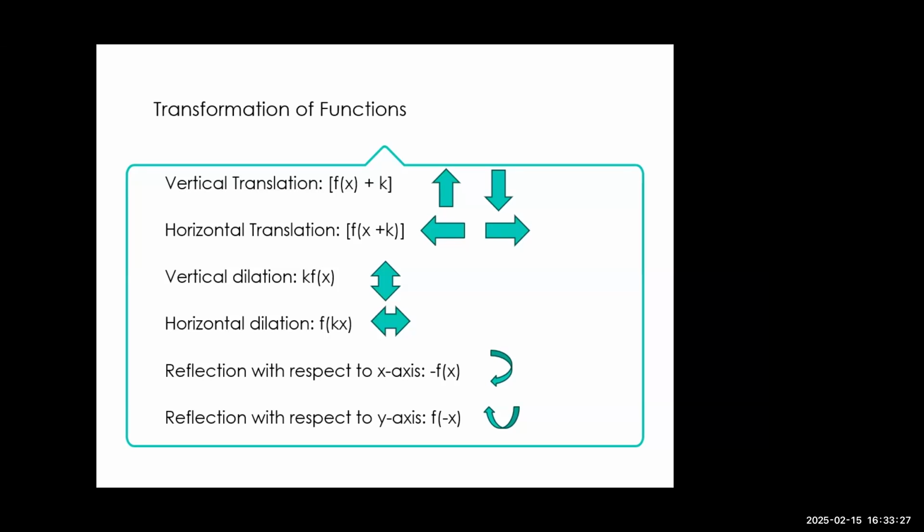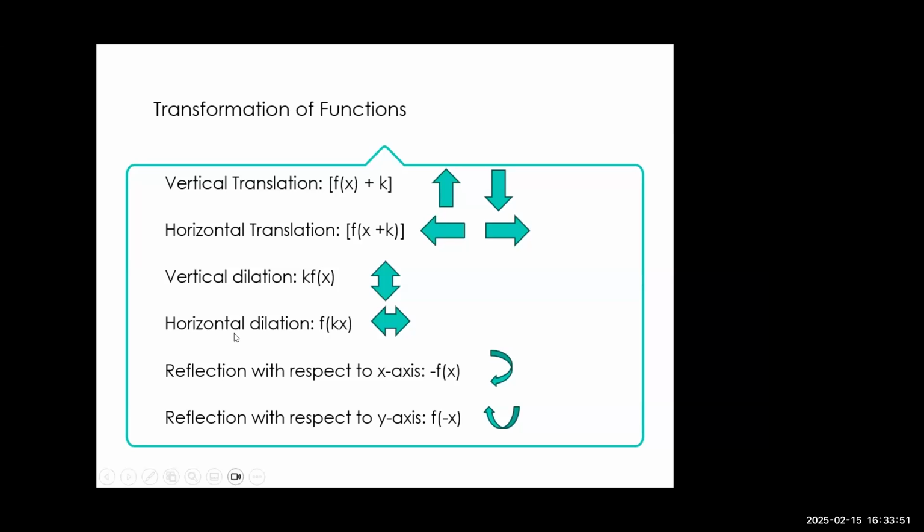You can stretch your function with a vertical dilation, or you also have a horizontal dilation. We can also flip the graph: we have minus f of x, or we can reflect the graph across the y-axis if you have f of minus x. This is what we usually present to our college algebra students.